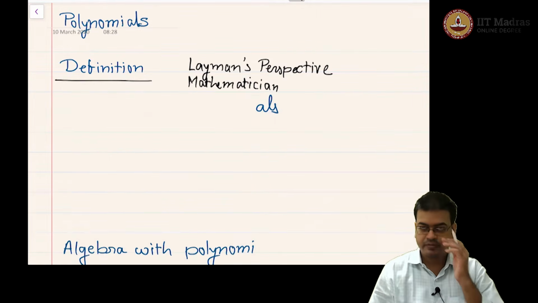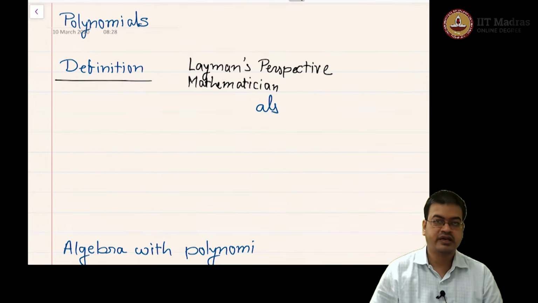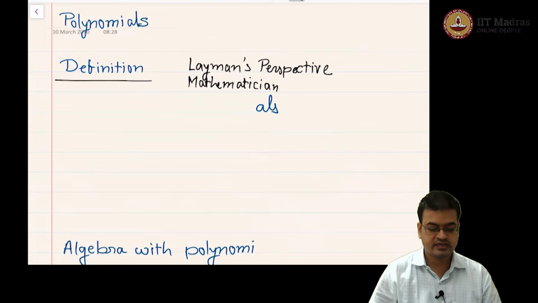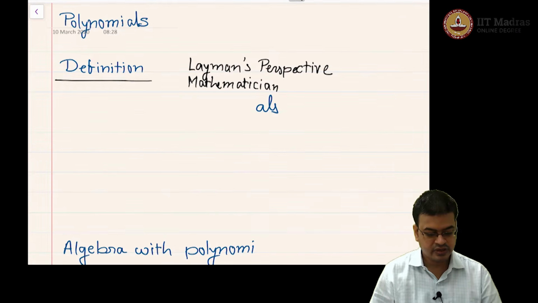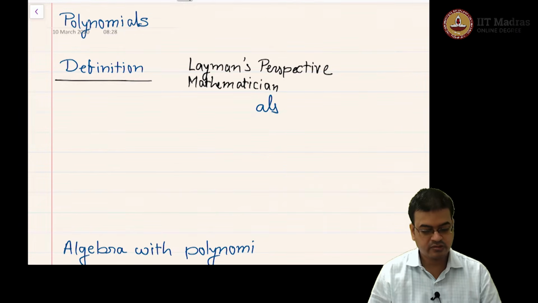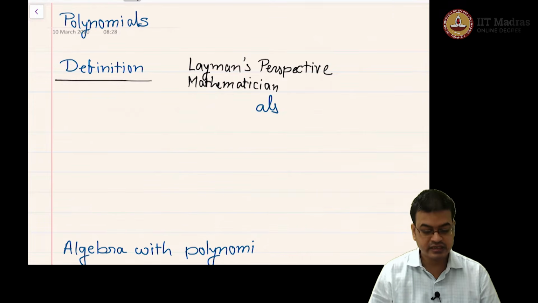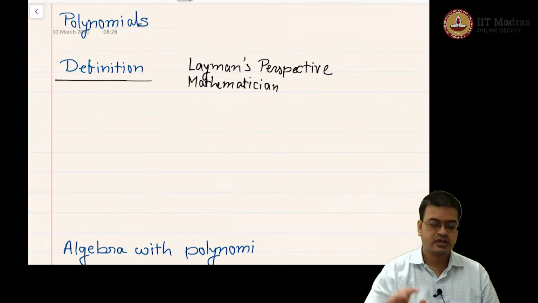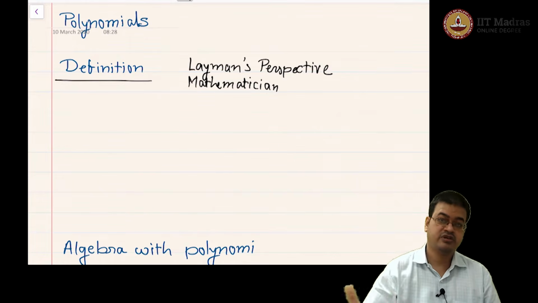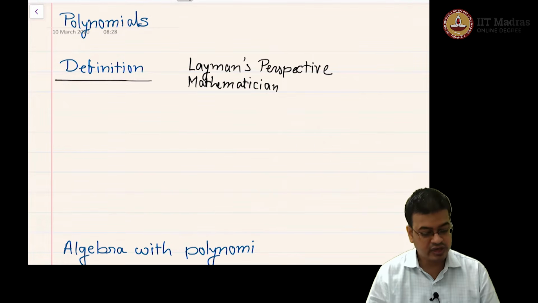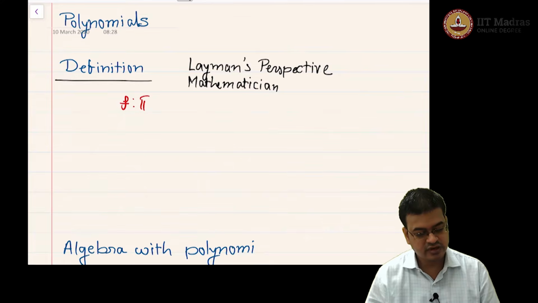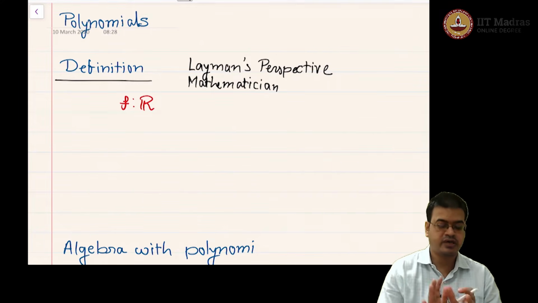A layman may not have a clear understanding of the domain of definition, so he is talking about something very vague. But a mathematician clearly understands the domain of definition. Therefore he will say that something is not a polynomial if the function we are defining is not defined over the real line or some part of the real line.